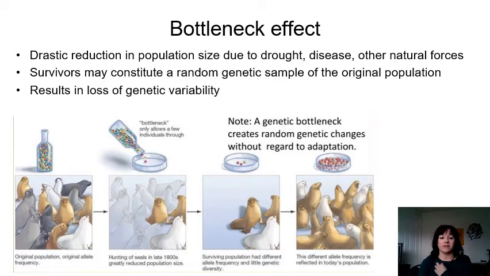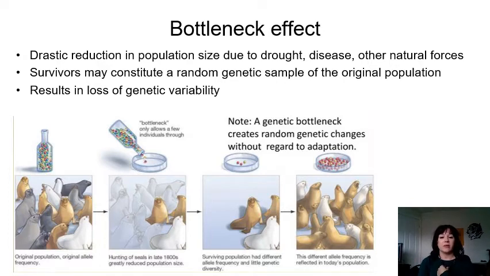And so only a small fraction of seals were remaining, and only the ones that survived were able to pass on their traits for fur color. So it just so happened in this example that the tan and white seals are the only remaining seals that were left to reproduce. And so when that surviving population reproduced, future generations only were tan and white, because that's all that was left to reproduce, right?